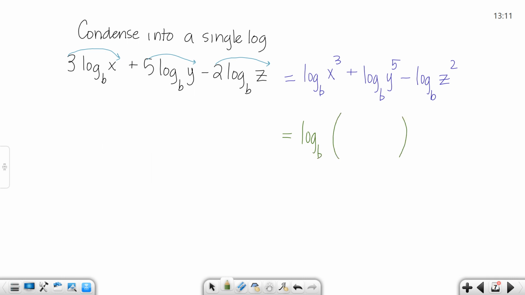Let's open our parentheses. The rule of thumb is that if the log's negative, it goes on the bottom. So the z goes on the bottom. The other logs are positive, which means they go on the top. Now, inside the parentheses, there should be no pluses, no minuses, because the rule says if you're adding the logs, here's your adding statement, if you're adding your logs, you multiply your terms.